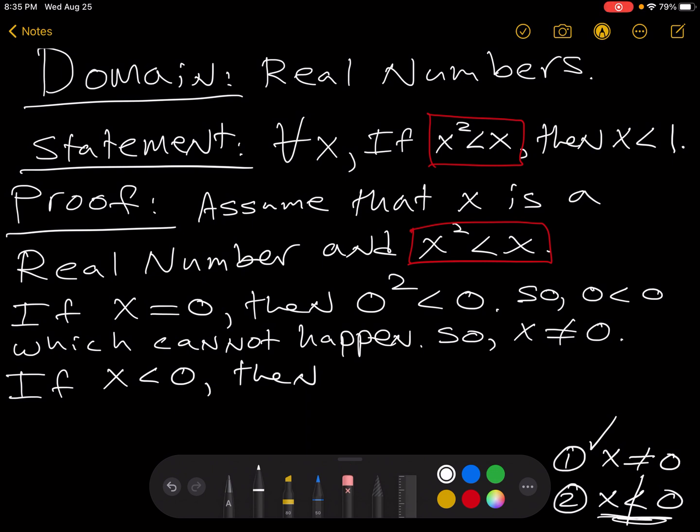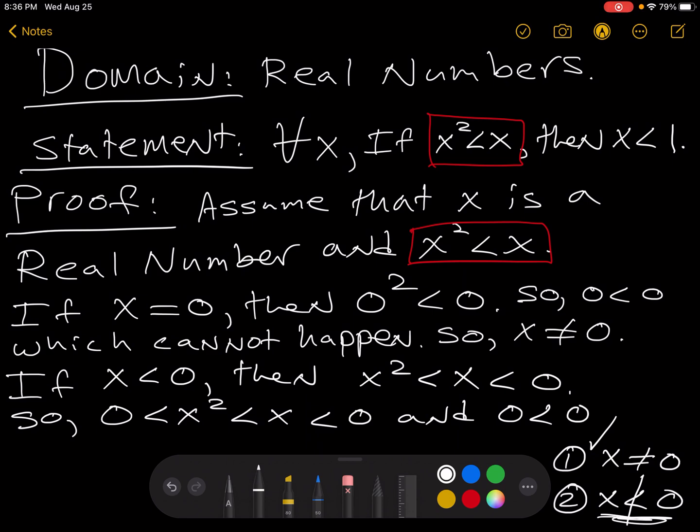So if x is negative, then using our assumption again, x squared is less than x, which is less than 0. Now x squared, remember, is always positive. So 0 is less than x squared, which is less than x, which is less than 0.